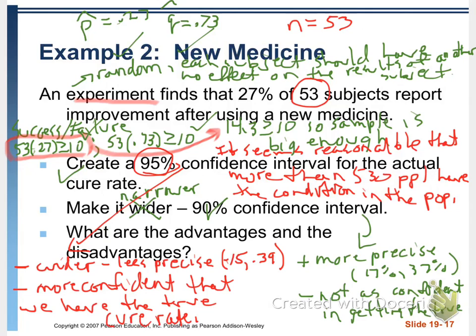So that's a plus for that, and a minus for that. So there we go. That's the kind of discussion you need to have.